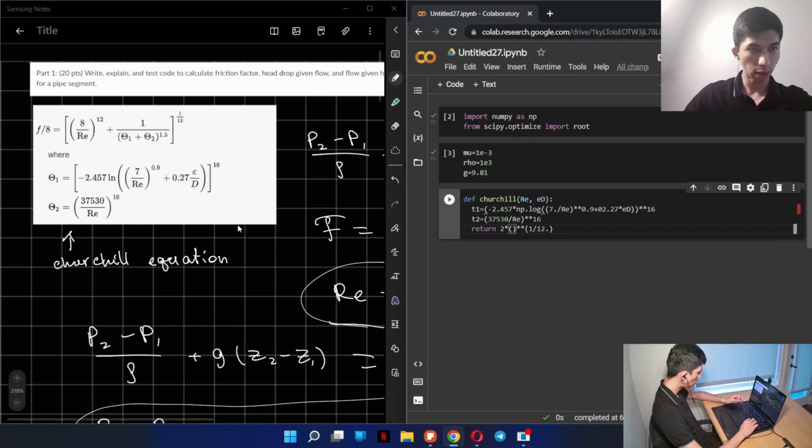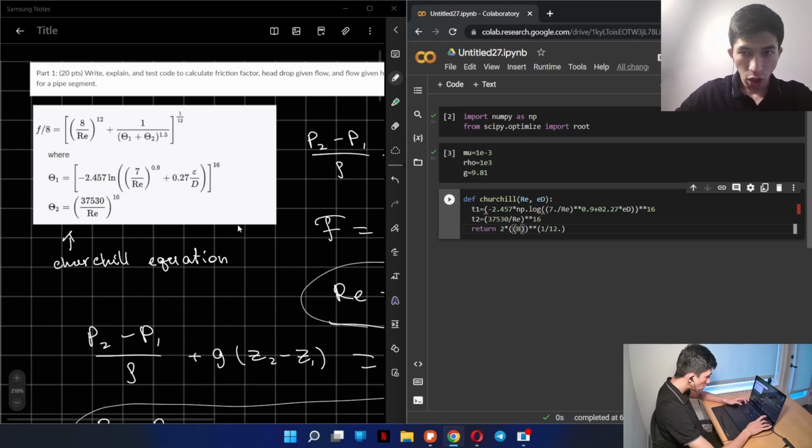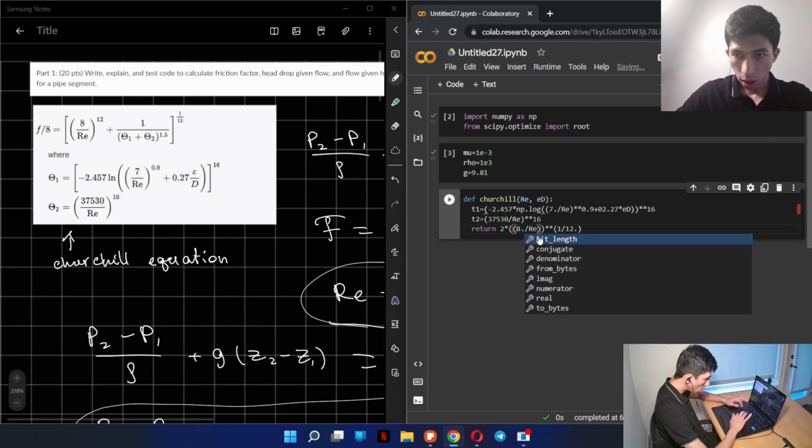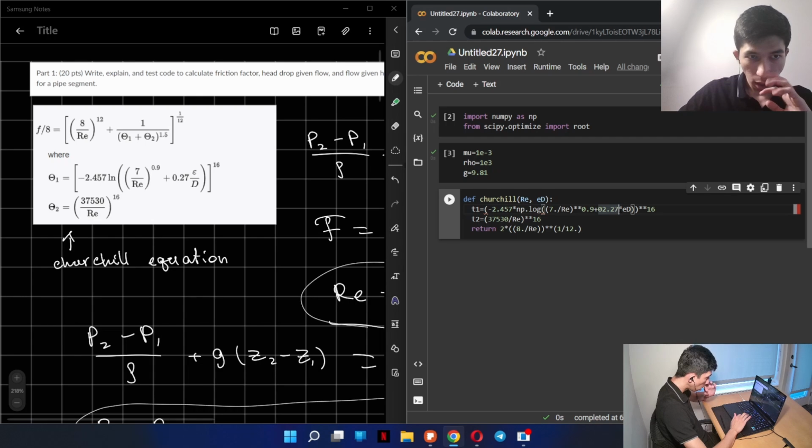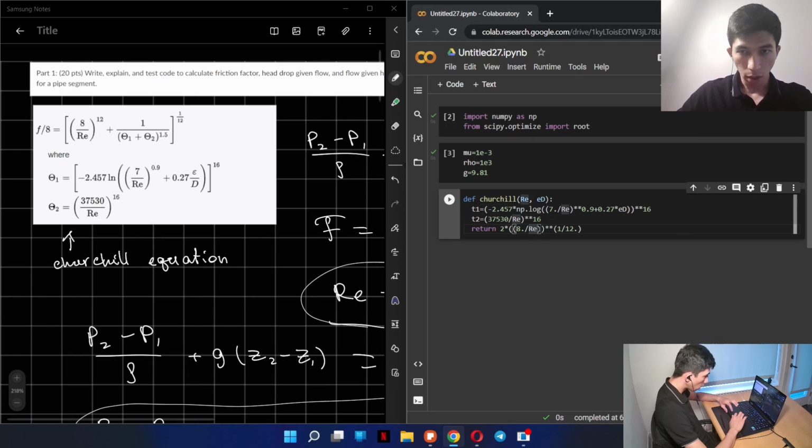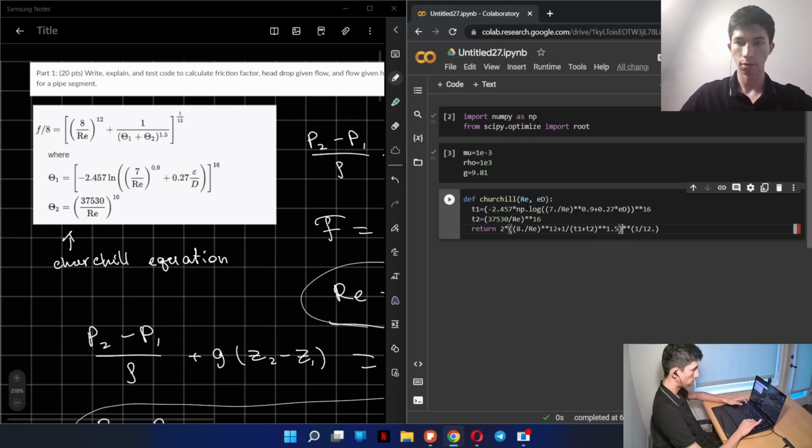And for the inside we have 8 over the Reynolds number, to the power of 12, plus 1 over T1 plus T2 to the power of 1.5, right? I think 0.27, yep, there was a typo here.